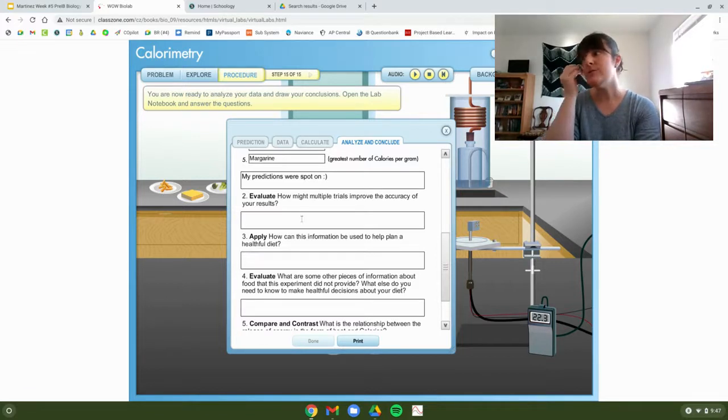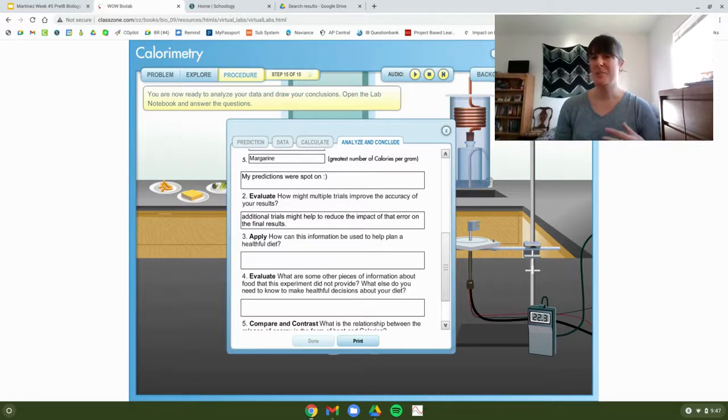Evaluate. How might multiple trials improve the accuracy of your results? Oh, that's a big one. There are a lot of potential sources of error in this lab. So additional trials might help to reduce the impact of that error on the final results.